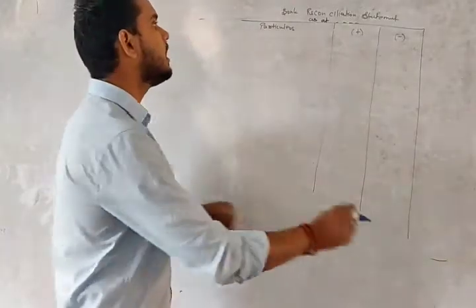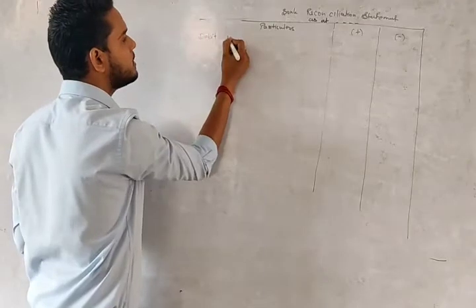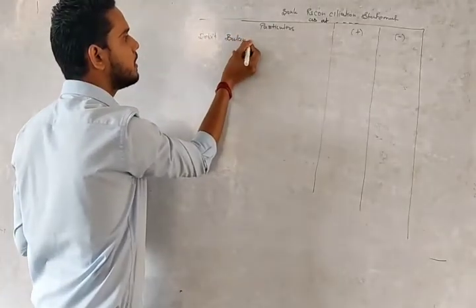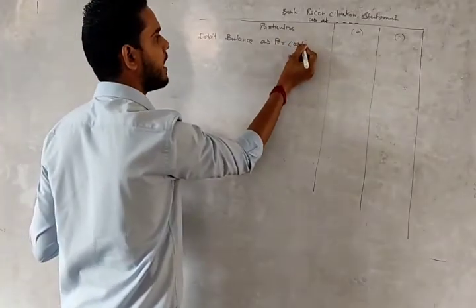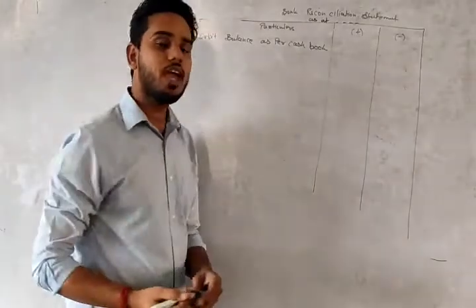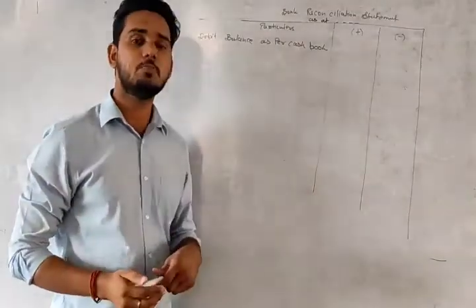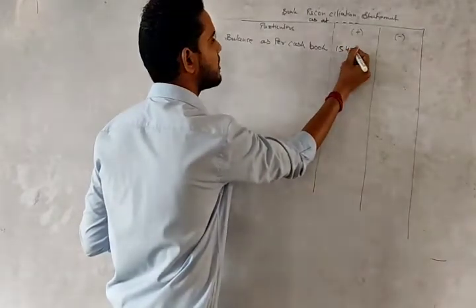So right here, debit balance as per cash book. Now we know that a debit balance means a positive balance in the cash book. So write in the plus column.